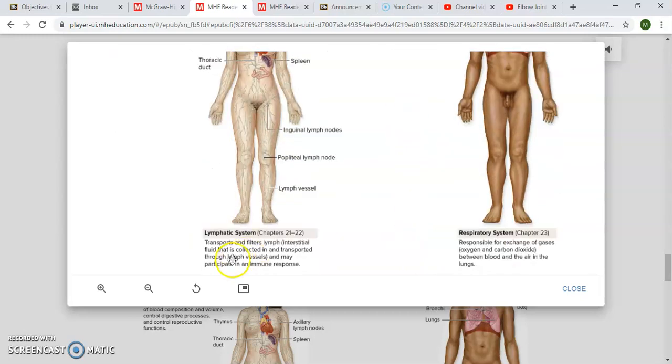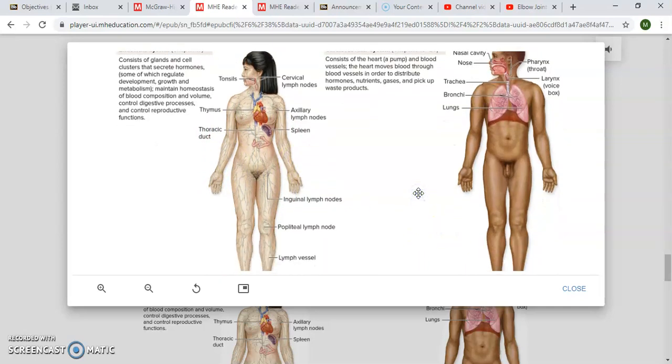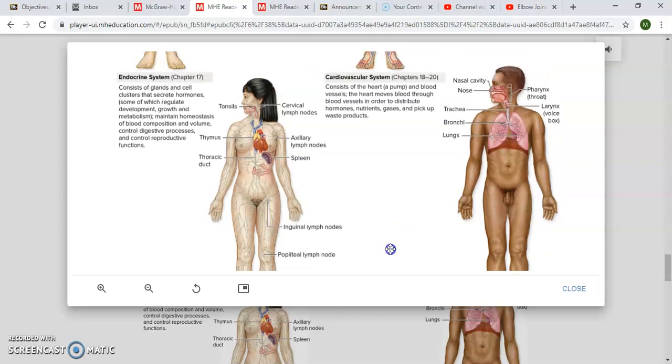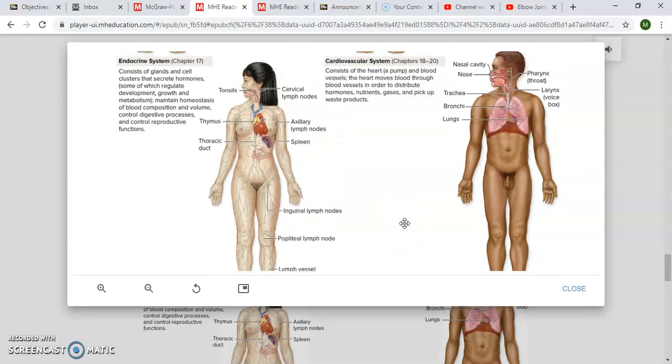And then the lymphatic system. This is one that isn't as well known, it seems. I think they put it in the same chapter as the immune system, because it kind of goes along with the immune system. But this is the system that contains your lymph nodes and your tonsils.